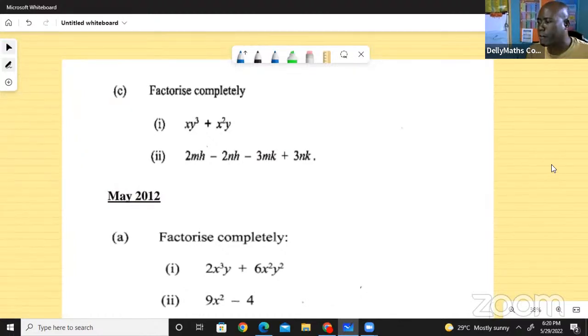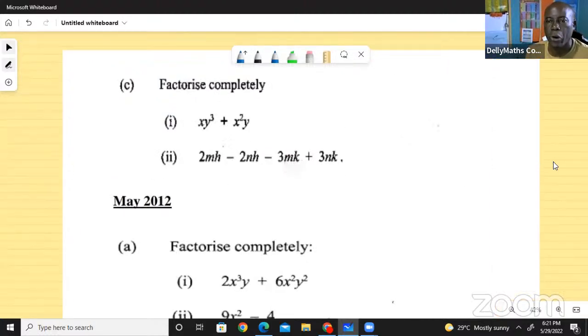Those persons who are on the ball, I'm trusting that you will work out your factorization right now. I'm giving you a little chance to put forward your answers on factorization. Go through and see what you get.